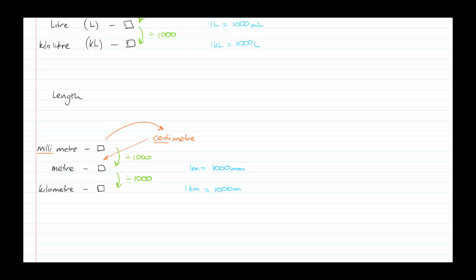To get from millimetres to centimetres, we divide by 10, and to get from centimetres to metres, we divide by 100. There are 100 centimetres in a metre and 1,000 millimetres in a metre, and you can see that through their prefixes. So if you can remember that cent lines up with century, you get that 100 feeling coming across. But that's that little one across there.